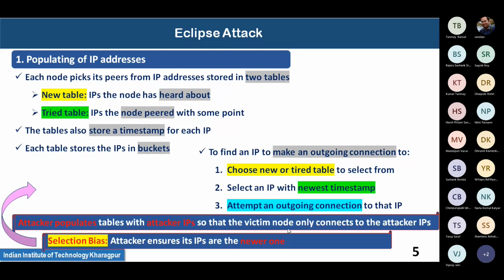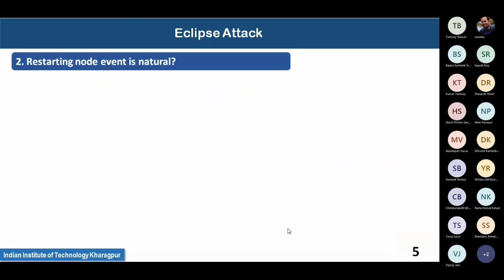Otherwise, if honest nodes also try to connect while the attacker is trying to get control, then more and more of the entries in the tried table will have honest IP addresses with newer timestamps, and those are likely to be picked up. So the attacker will not be able to take control.